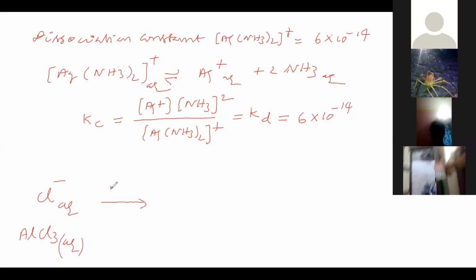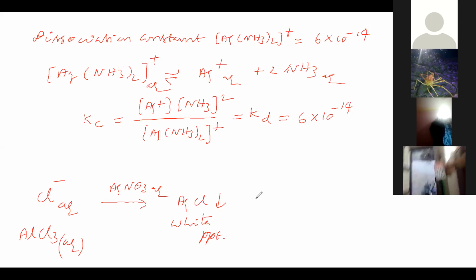To this we add silver nitrate solution. We get Ag plus and Cl minus, so AgCl white precipitate forms. AgCl is an insoluble salt, so it precipitates as a white precipitate.